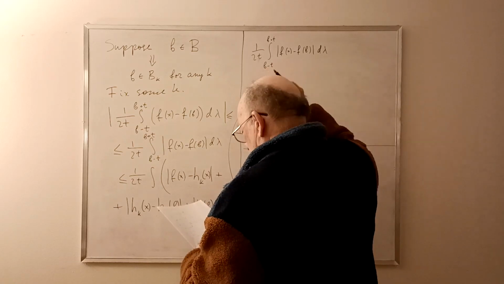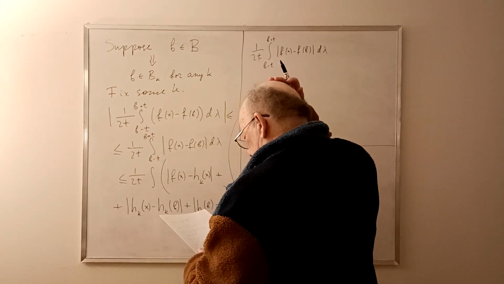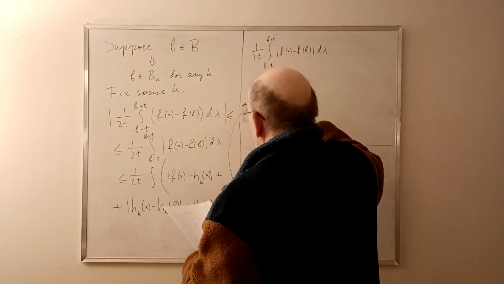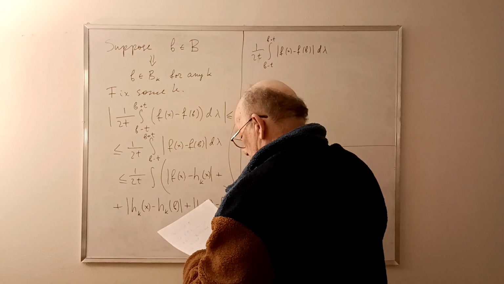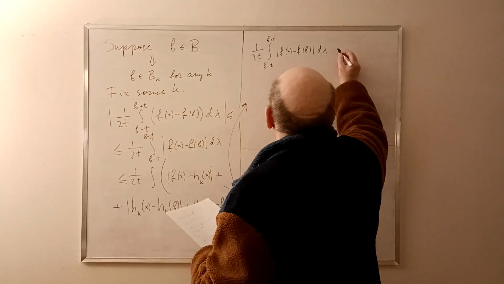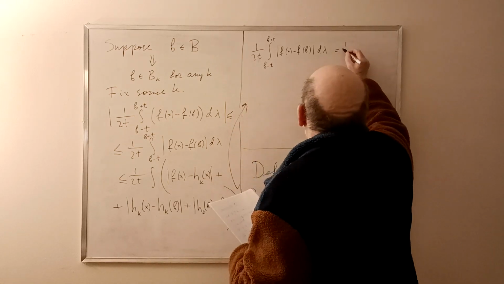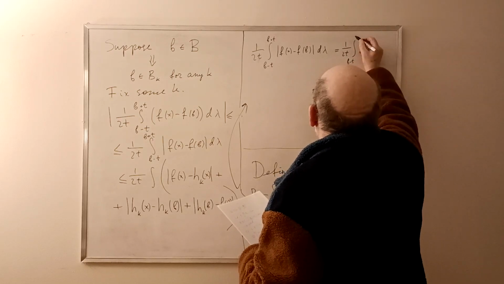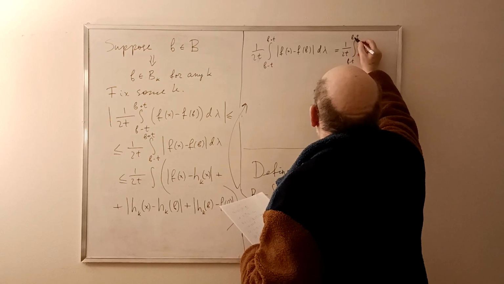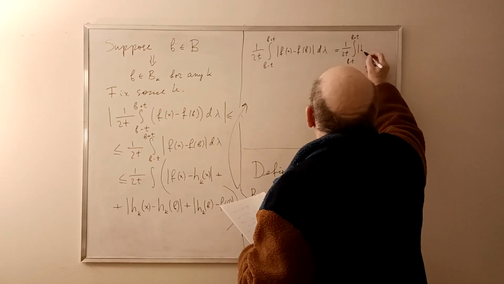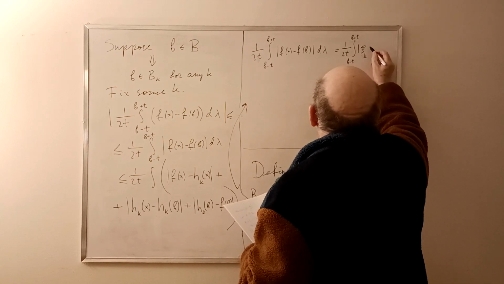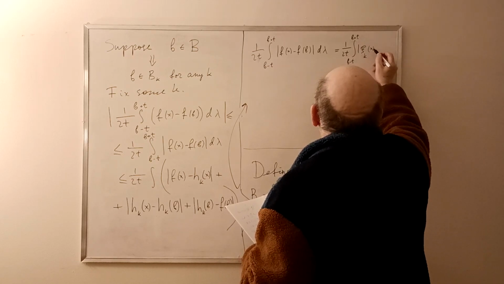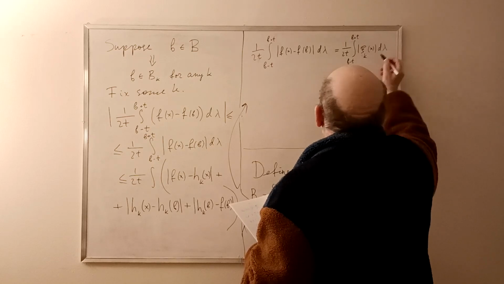It is equal 1 over 2t integral b minus t to b plus t module ck of x d lambda.